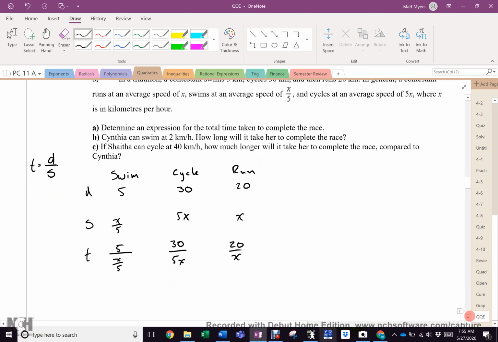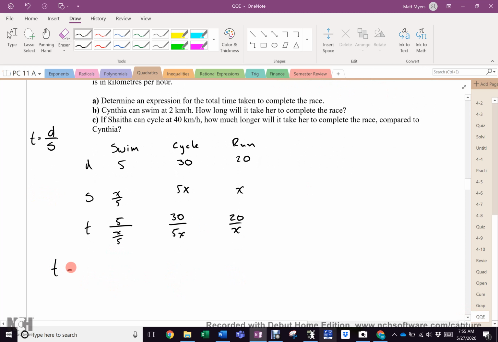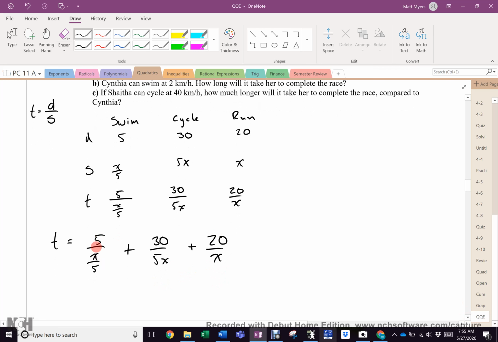Let's make these a little simpler, because the time for the whole race must be her swim, 5 over x divided by 5, plus 30 over 5x, plus 20 over x. 5 divided by x over 5 is the same as 25 over x, because I would multiply by the reciprocal, right? 25 over x, plus 30 over 5x is the same as 6 over x, plus 20 over x.